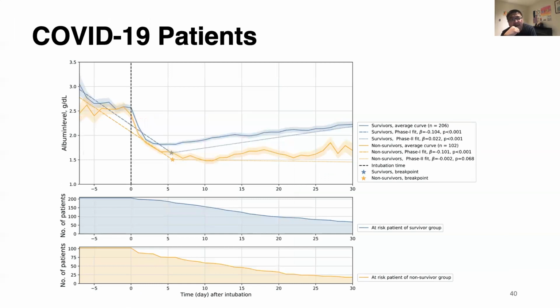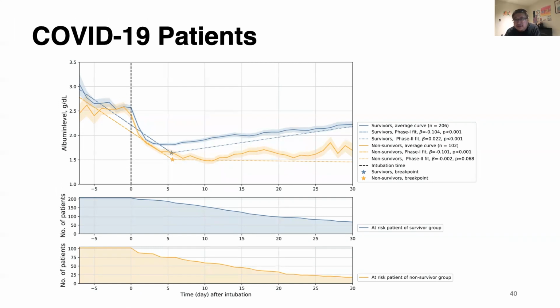This figure shows the albumin trajectory in all critically ill COVID-19 patients. We can see clearly two distinct phases. Phase 1, which is a deterioration, was defined as a rapid albumin loss, and phase 2, which is a recovery phase, showed albumin stabilization or improvement.